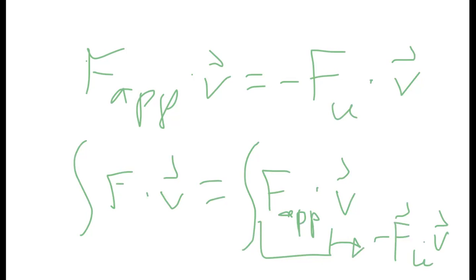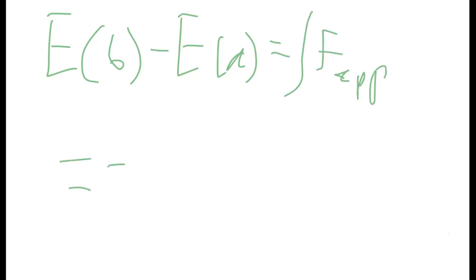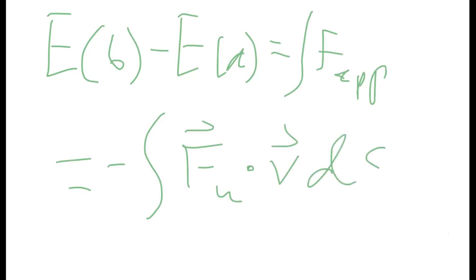So all that's going to do, we see, is that we can write EB minus EA is equal to that integral of F applied, which is equal to minus the integral of FU dot V ds.